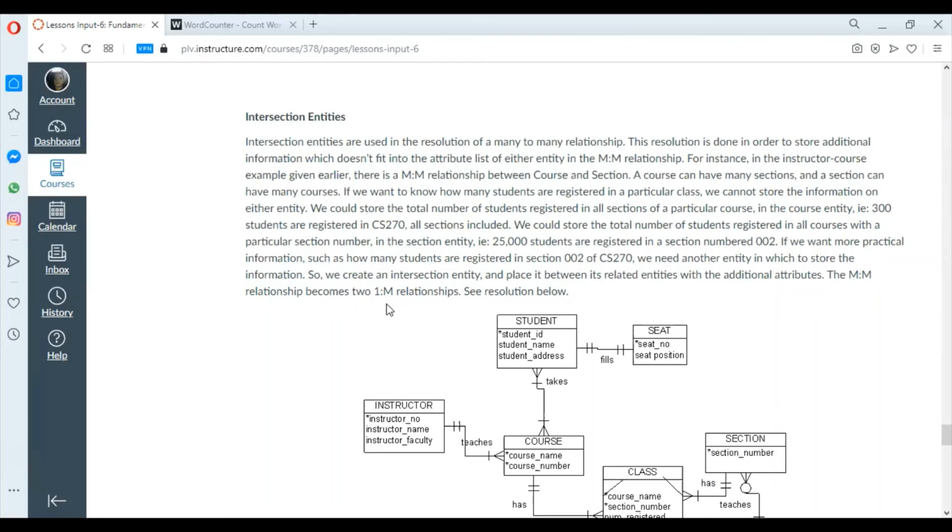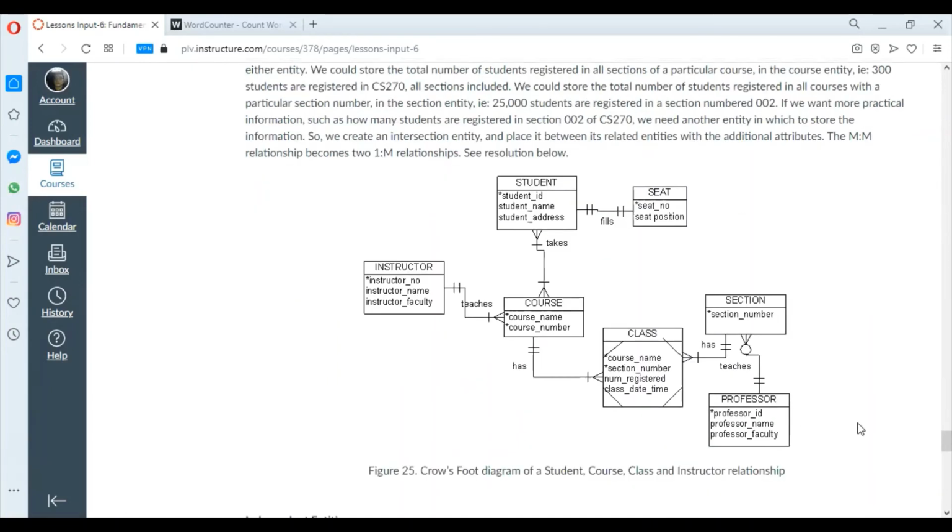If we want more practical information, such as how many students are registered, we need another entity in which to store the information. So we create an intersection entity and it is placed between related entities with additional attributes. The MM relationship becomes two one-to-many relationships.